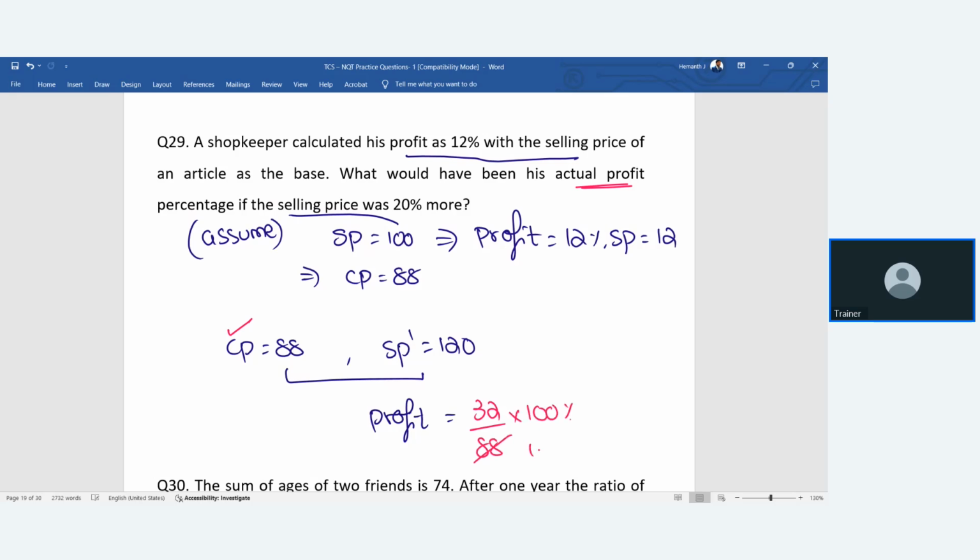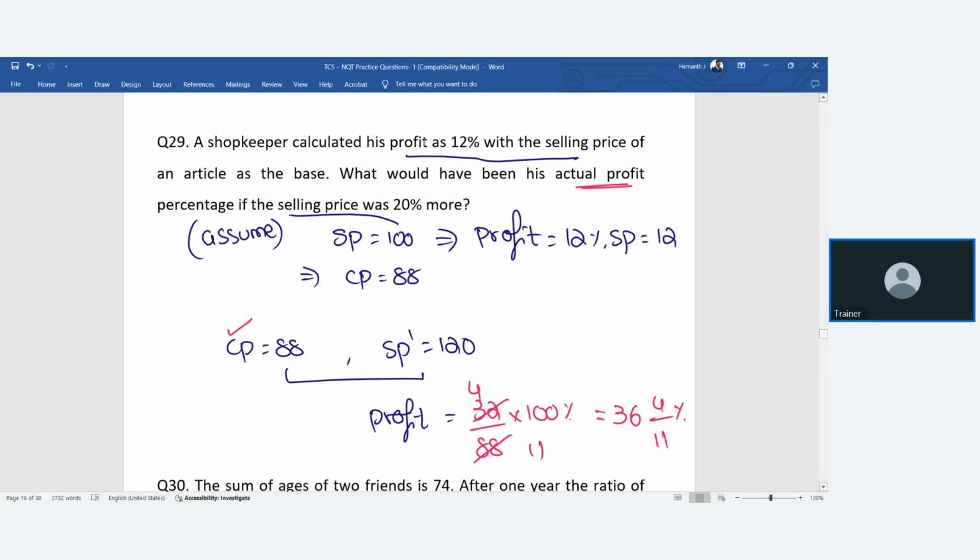This is 400 divided by 11, which is 36 and 4 by 11%, or 36.3 approximately we can take. So the actual profit percentage is 36 4 by 11%.